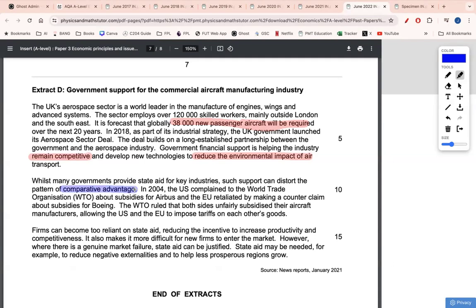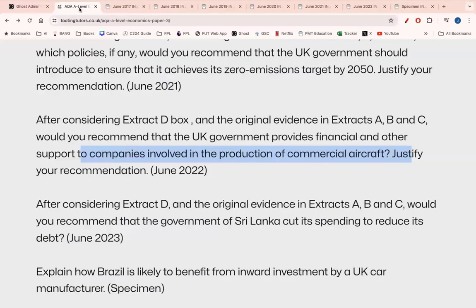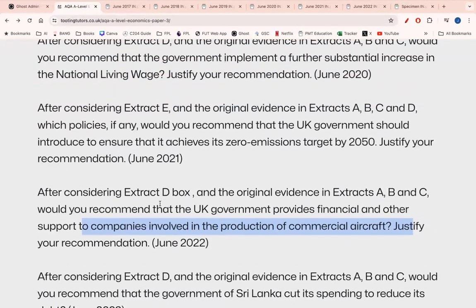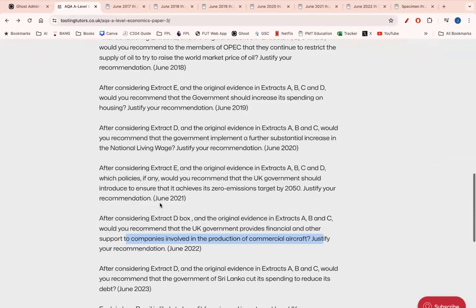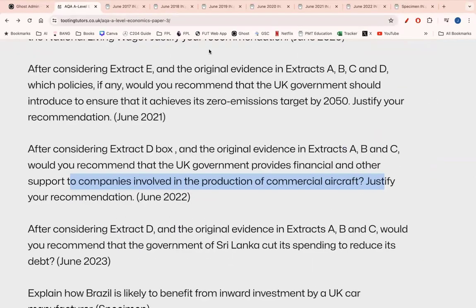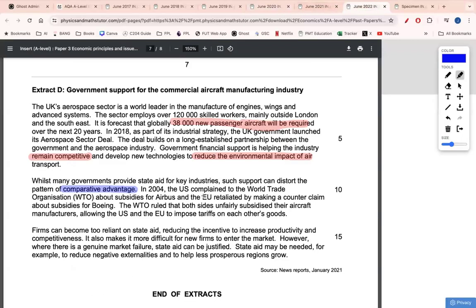I'm pretty sure there was a different question, oh, that was the 10 marker about Airbus and Boeing. Okay, cool, never mind. The WTO ruled that both sides unfairly subsidized the aircraft, so then they put tariffs on each other's goods. Firms can become too reliant.